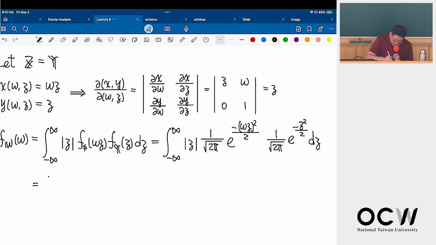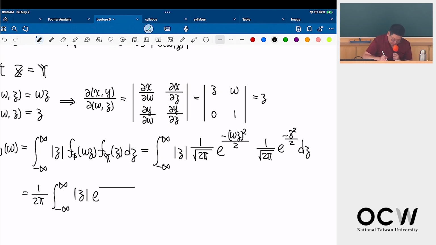So you get 1 over 2 pi, integral of absolute value of z times exponential of minus (1 plus w squared) z squared divided by 2, dz.